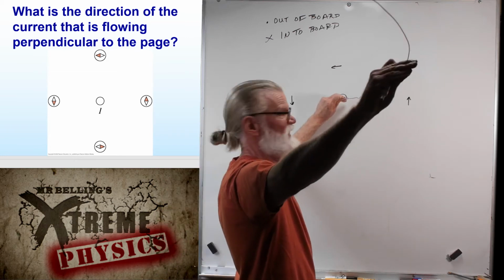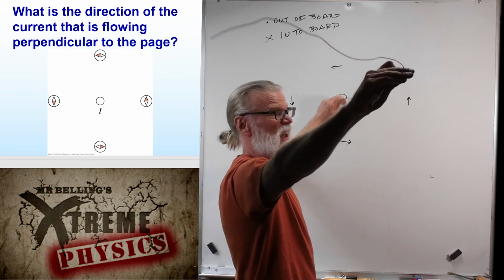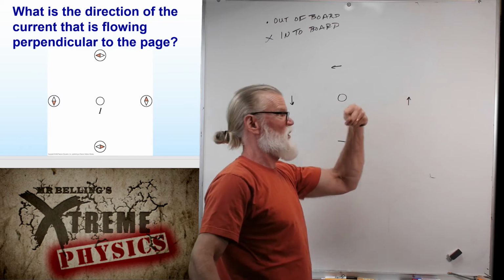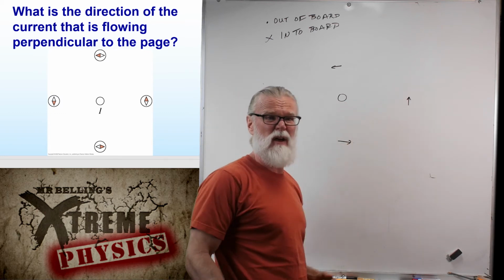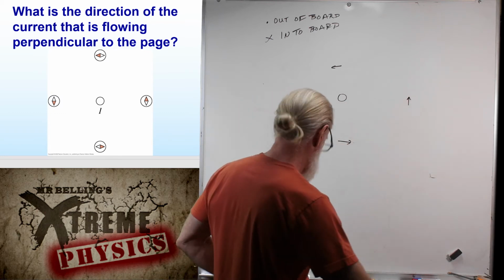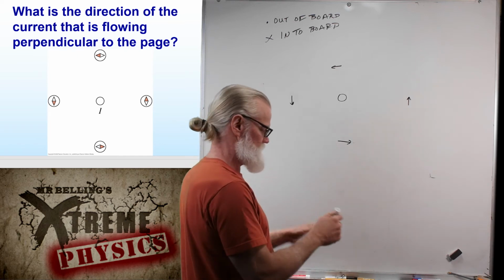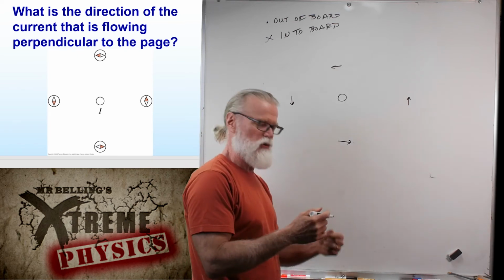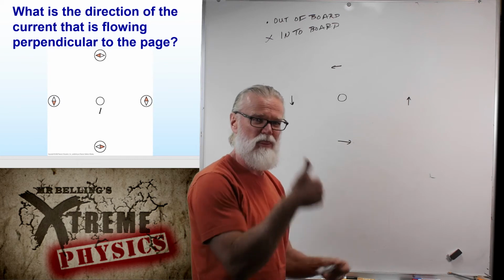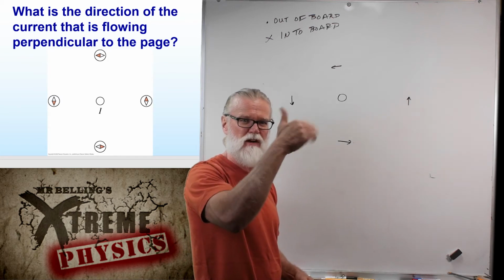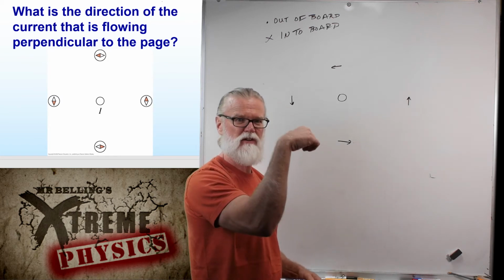It was going like that. And you got to figure, is the current going this way or is the current going that way, right? All right, well, keep in mind the right-hand rule for current in a wire. Your thumb points in the direction of the current and your fingers curl in the direction of the field.